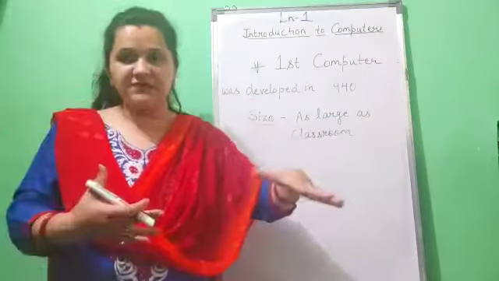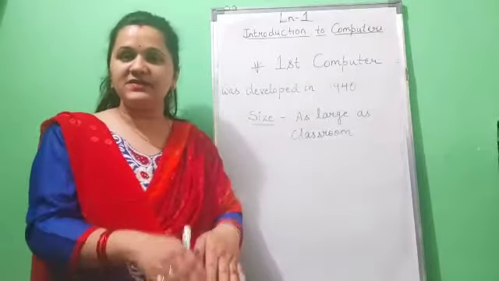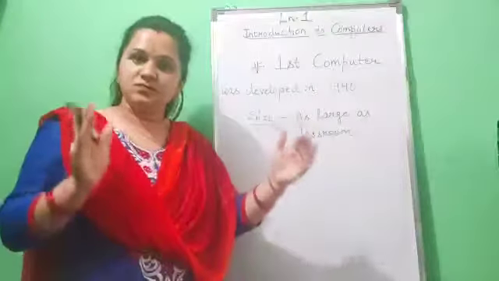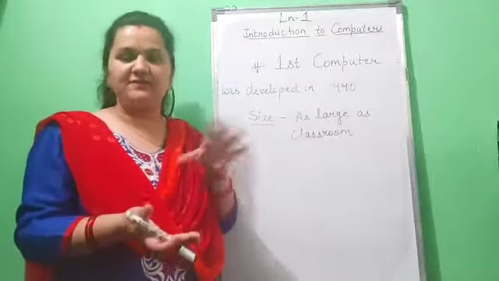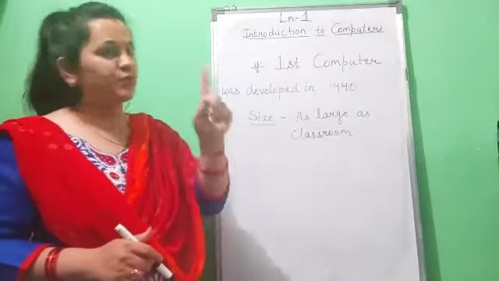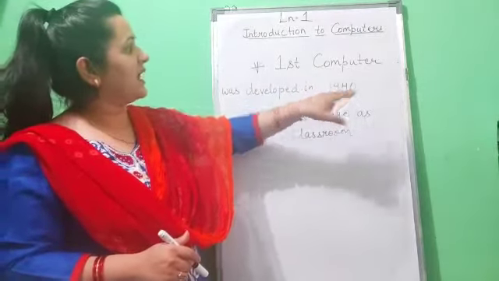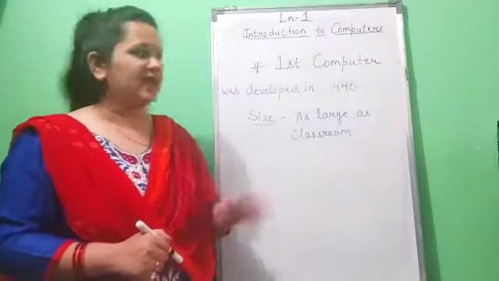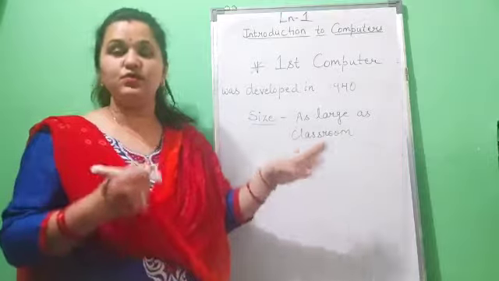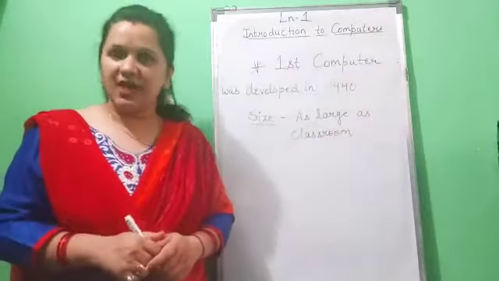We need a lot of space to keep them. But nowadays, in today's world, computers are getting very small. We can hold them and carry them from one place to another. So the very first computer was developed around the year 1940 and it was as large as a classroom.